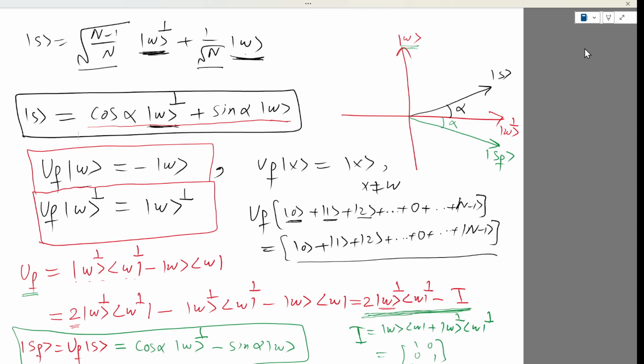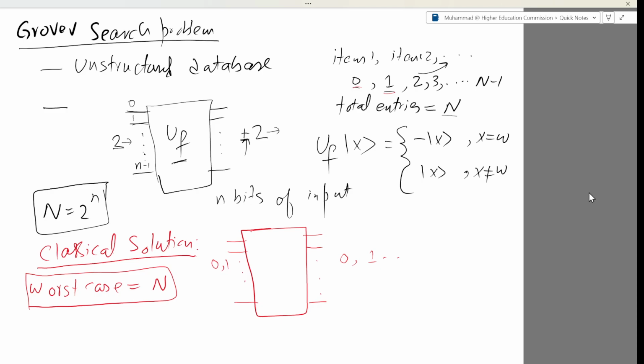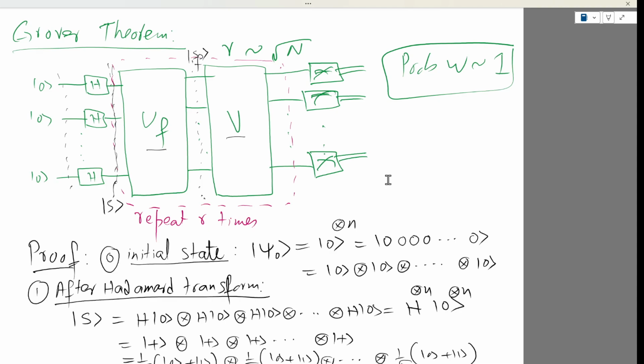Perfect. So this means that let me just go back here to the main circuit. We have been able to find the state at this position SF, which is just a reflection around W perpendicular. Let's now find out the state after operator V, and let me call it some S prime state. So S prime is operator V applied to the SF state.